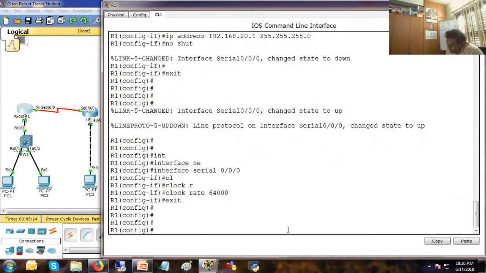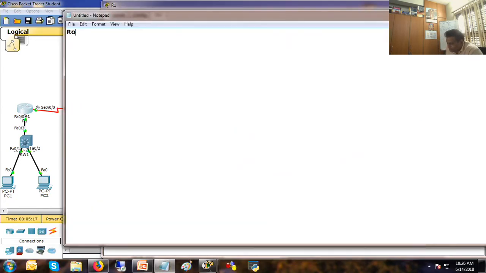Next, routing protocol. Now you write down the OSPF command syntax. In global mode, what do you give?